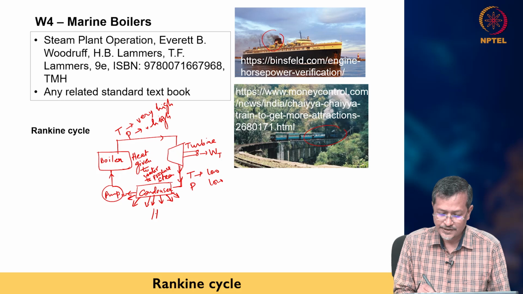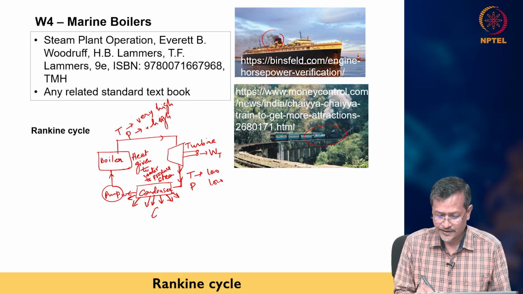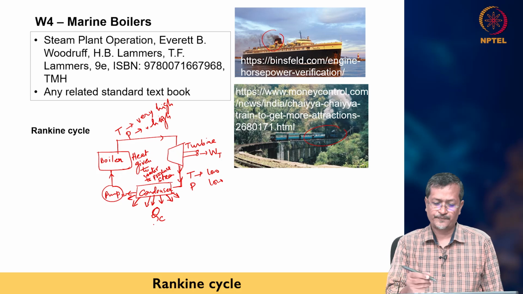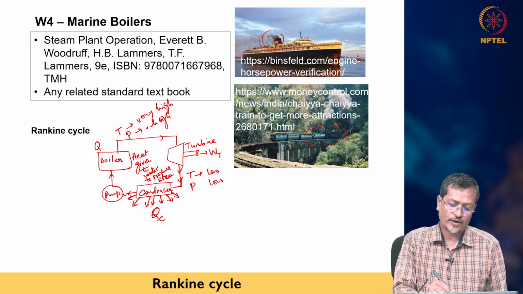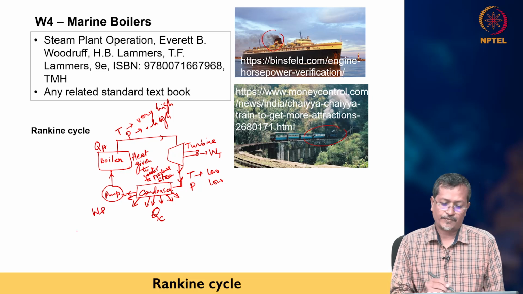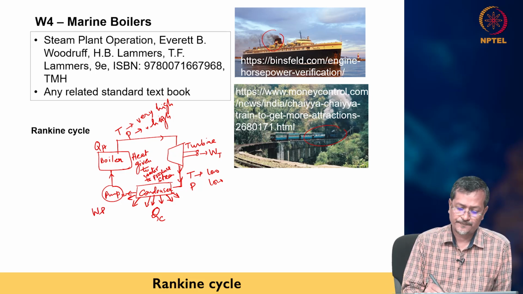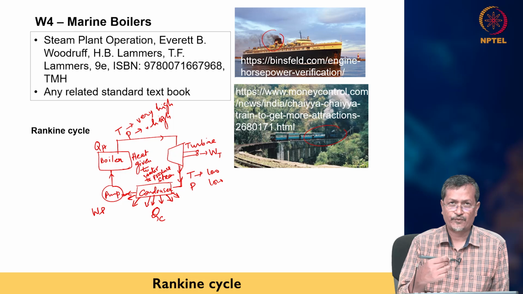So I can write Q cold, or low temperature, and the boiler is giving Q high temperature, and the pump WP. The pump is taking energy and giving it to the fluid. From where does it get energy?